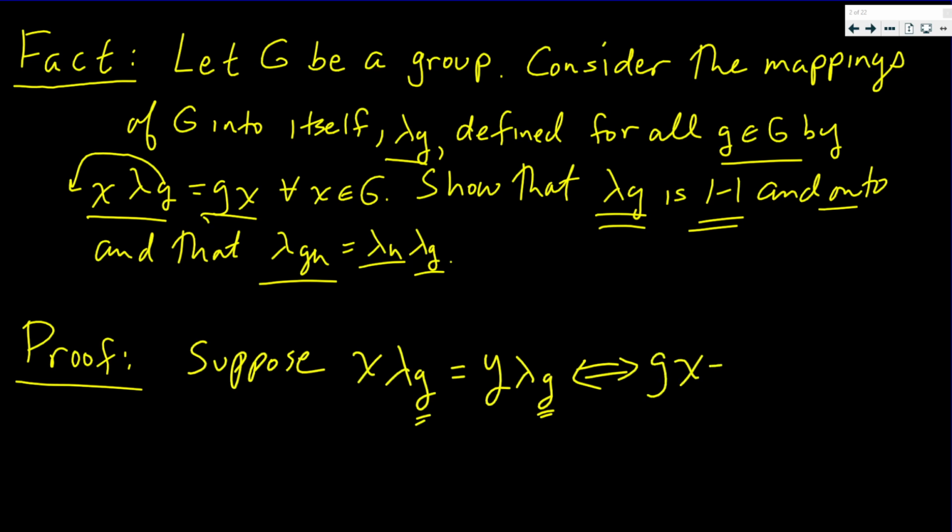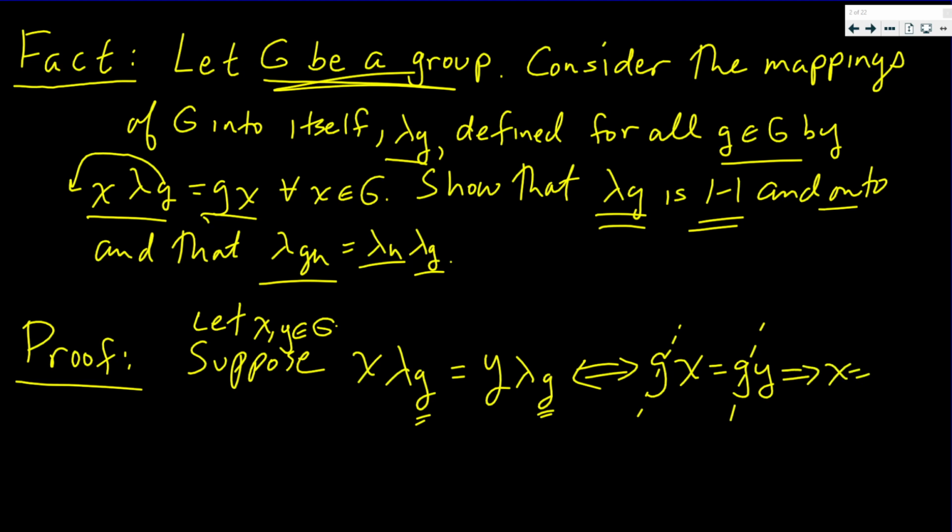You get gx equals gy. But g is a group, and let's formally say it: let x, y be in G. Well, groups have the cancellation law. That is, I can cancel out g. Well, that implies x equals y, which implies lambda sub g is one-to-one.